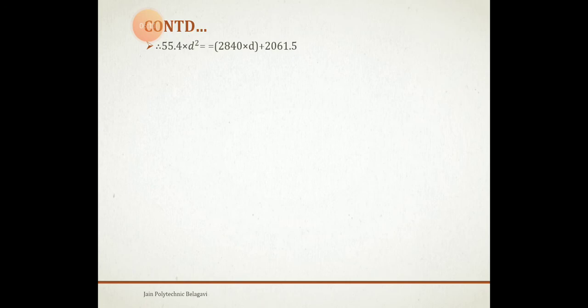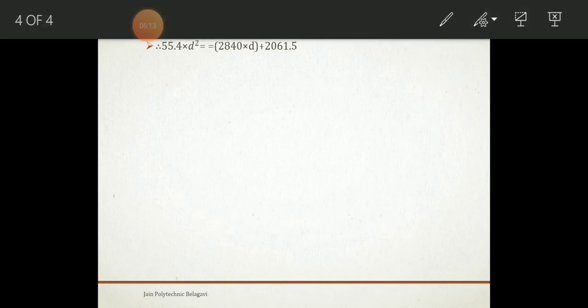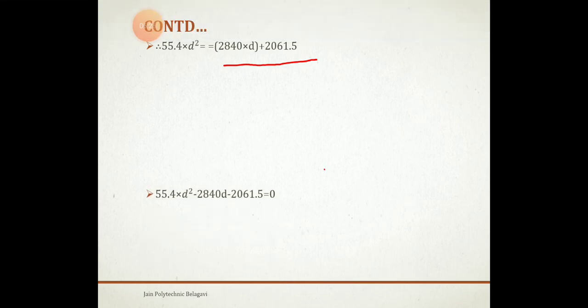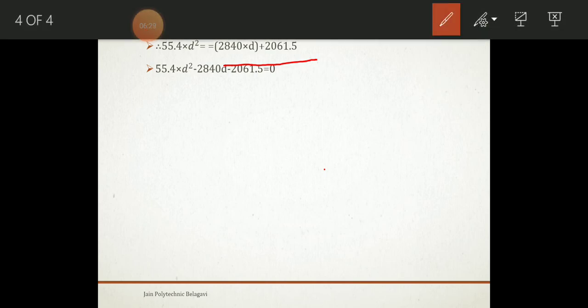55.4 D square equals 2840D plus 2061.5. So you take the D terms on one side and the remaining terms on the other side. You will end up with a quadratic equation: 55.4 D square minus 2840D minus 2061.5.